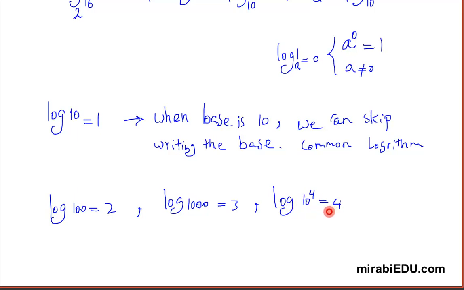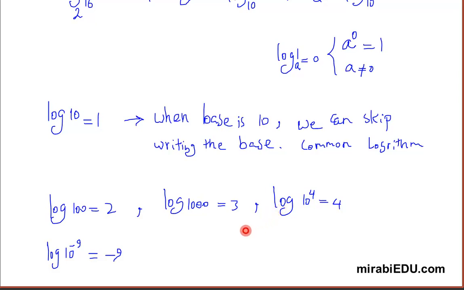So logarithmic scale is a way of showing very large numbers or very small numbers. For example, logarithm of 10 to the negative 9 is negative 9. So very small numbers and very large numbers are transformed to a small scale, which is called logarithm scale.